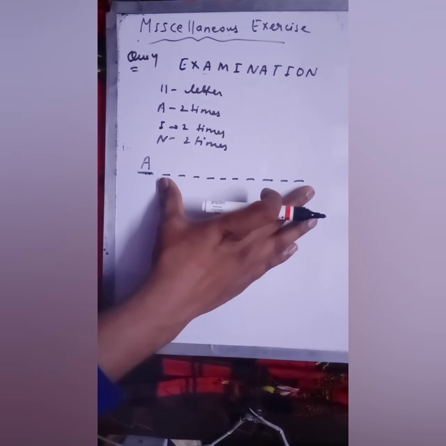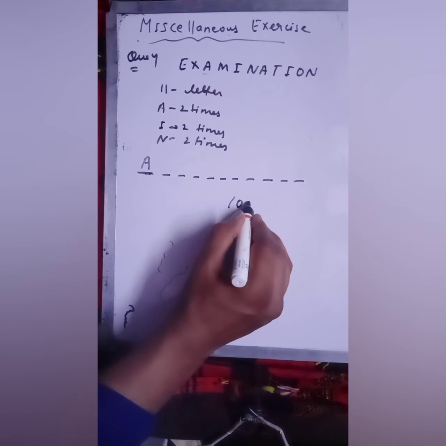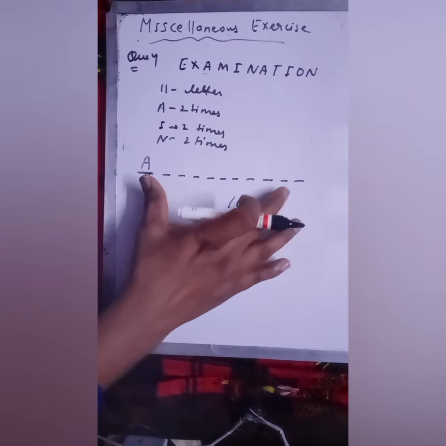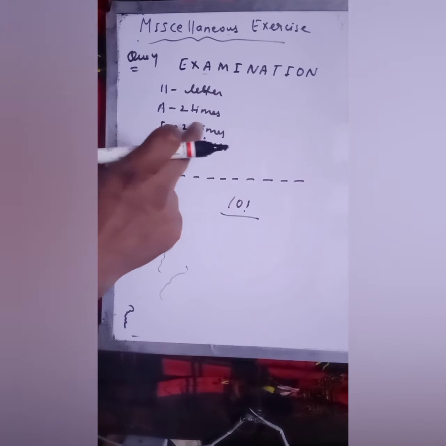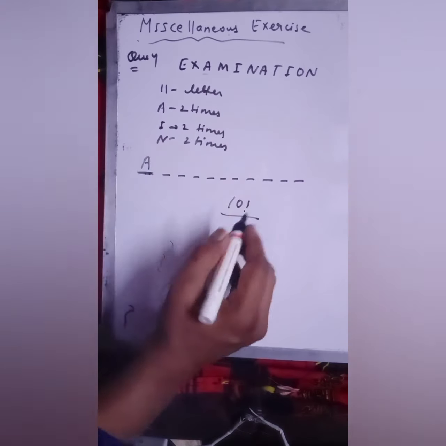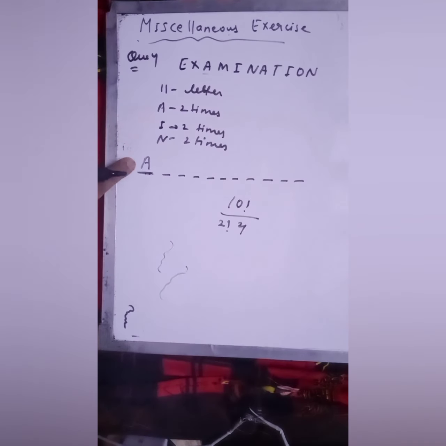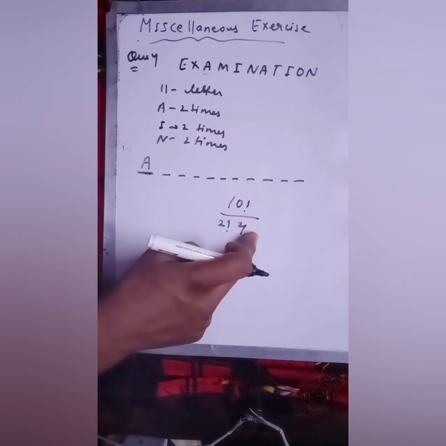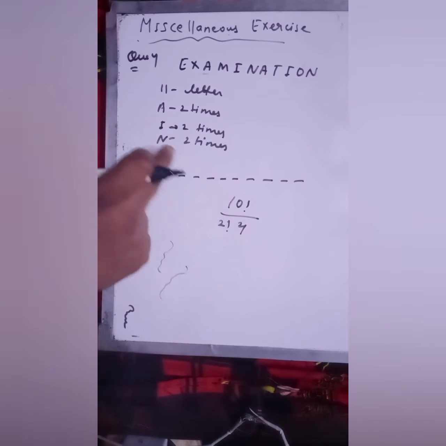Ten choices means 10 factorial, and in between them I is coming 2 times and N is coming 2 times, so you will write 2 factorial and 2 factorial. A is also coming, but you have fixed A here, so only one A is coming here, so for A we will not write 2 factorial in the denominator. So this 2 factorial is for I and this 2 factorial is for N.